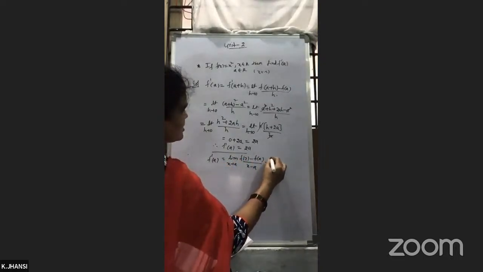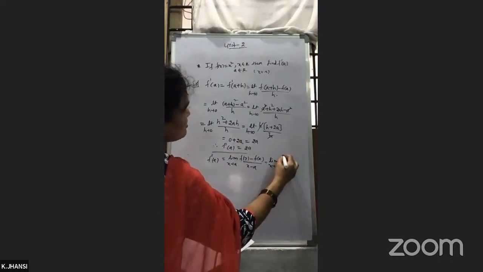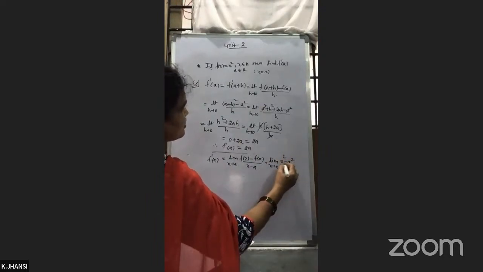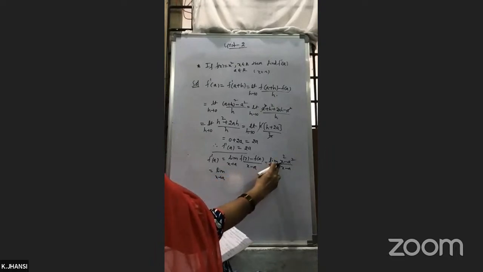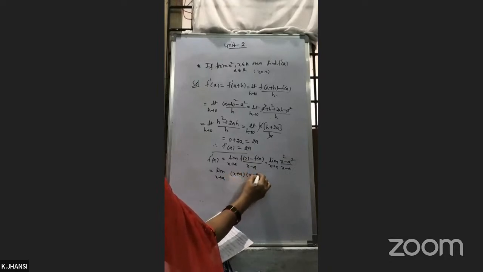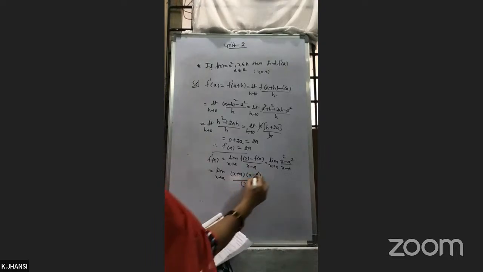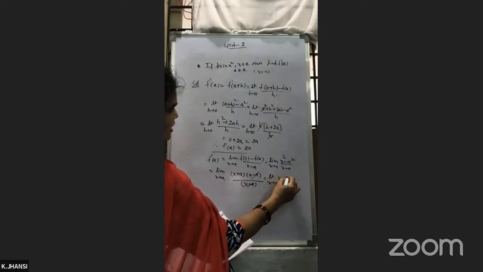What is our f of x? x square. If you substitute, x square minus a square by x minus a, equals limit x tends to a. It is in the form of a square minus b square, so a plus b into a minus b by x minus a. Both will get cancelled.